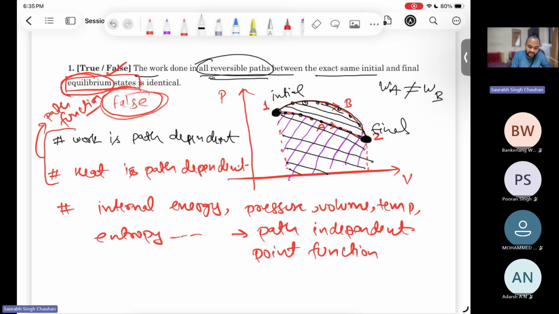But if you are asked what the entropy change is when we go from point 1 to point 2, the entropy change will be the same along all the paths. Internal energy change will be the same too, because internal energy, pressure, volume, temperature, entropy, enthalpy, all these depend only on the initial and final points.